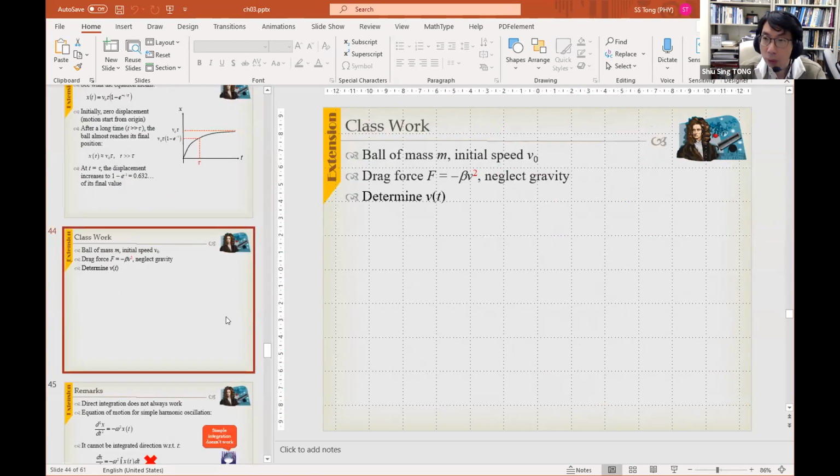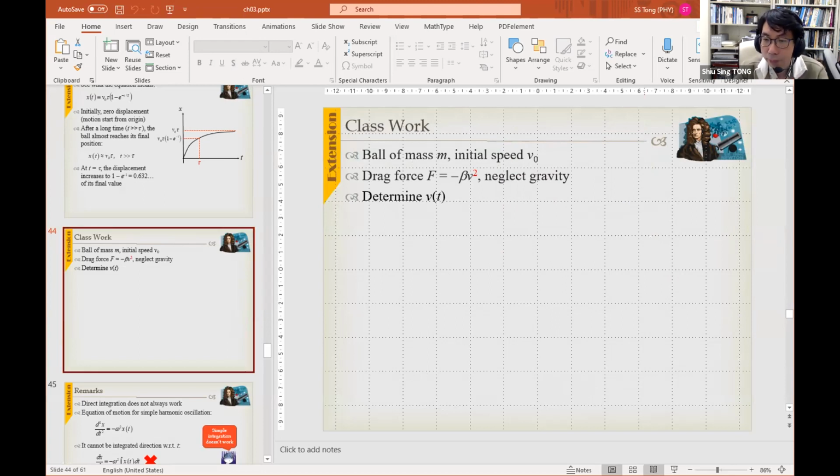Now, the method is a bit more general than the guessing solution method, because sometimes you may not be able to guess a trial form of the solution correctly, and in those cases, it is recommended you solve the differential equation by using direct integration.